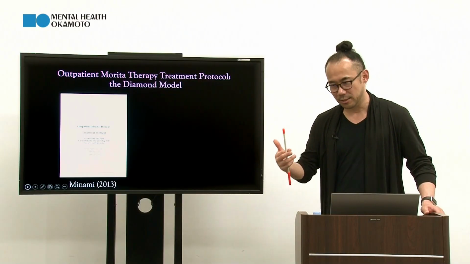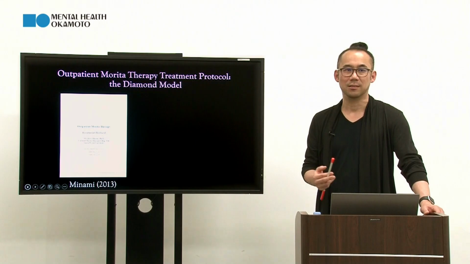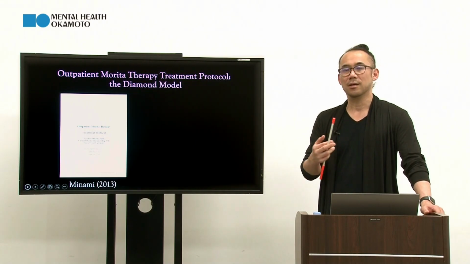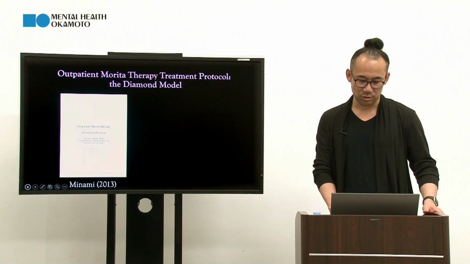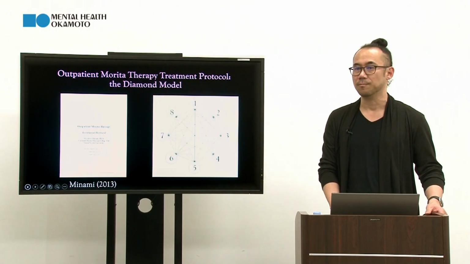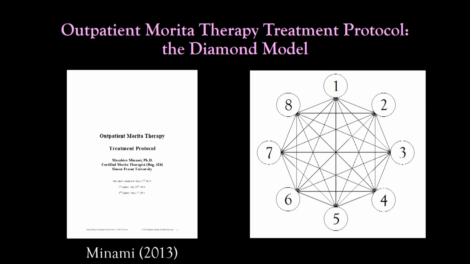So there's a need for more concrete protocolization of Morita therapy, which I worked on in 2013, publishing the Diamond Model Protocol, which includes 8 modes, if you will, including Morita therapeutic principles. The mode switches depending on what the clients and patients say.